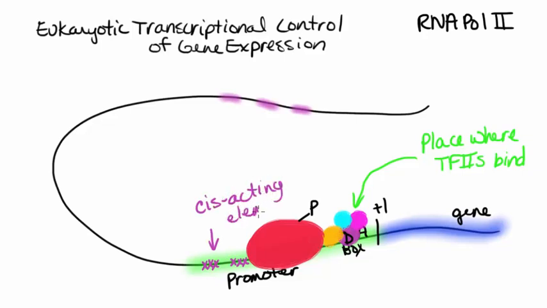And these cis-acting elements, these are binding sites for other proteins that are going to help to recruit machinery to the DNA. And these other proteins that will be coming and binding to these cis-acting elements, we tend to call them transcriptional activators.